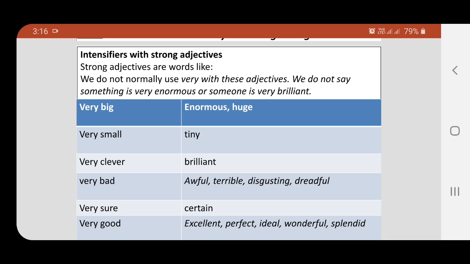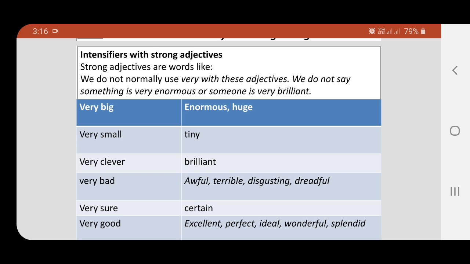We have enormous, huge. Just like this, we have tiny. Intensifier. It is an adjective. It is used to intensify the other adjectives. So intensifiers: tiny, brilliant, awful, terrible, disgusting, dreadful.